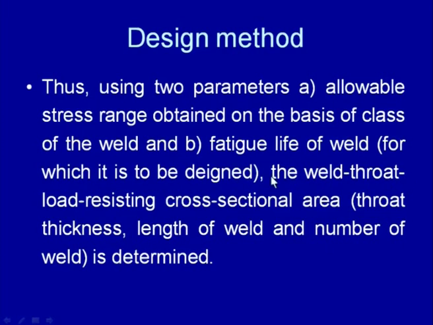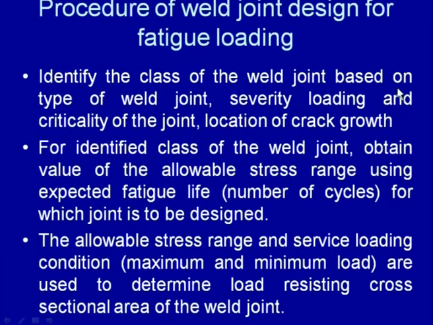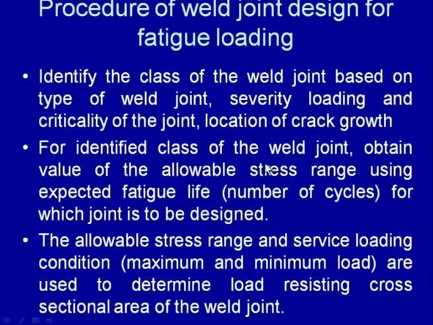Basically, the weld throat load resisting cross sectional area is identified, and it is used to establish the length of the weld which is to be deposited for a given throat thickness. As for the procedural steps for designing the weld joint for fatigue loading: first, identify the class of the weld joint based on the type of the joint, severity of loading, criticality of joint and location of the crack growth.